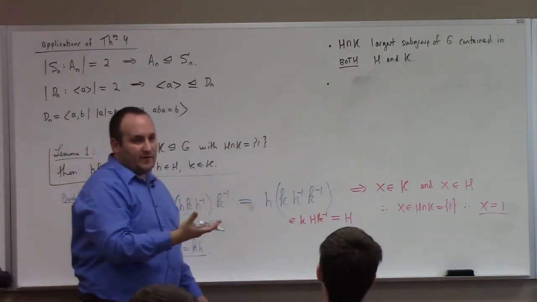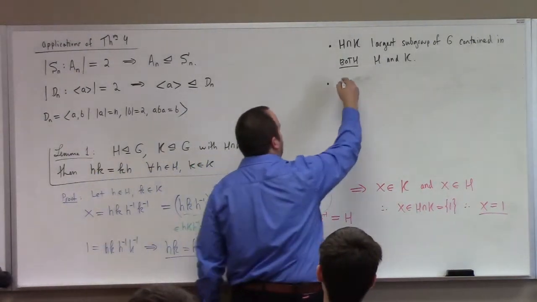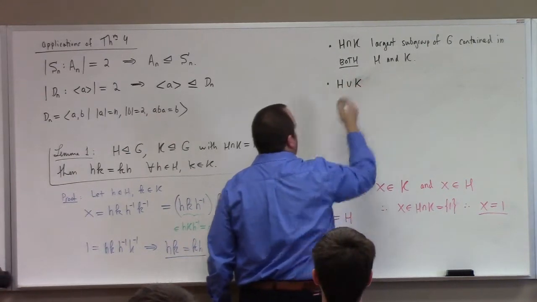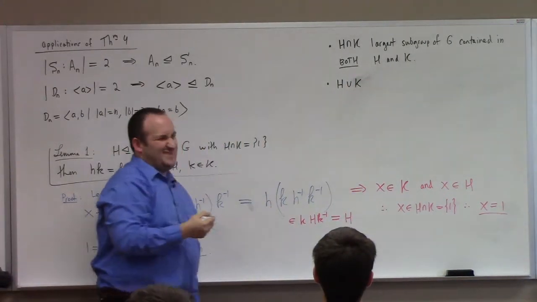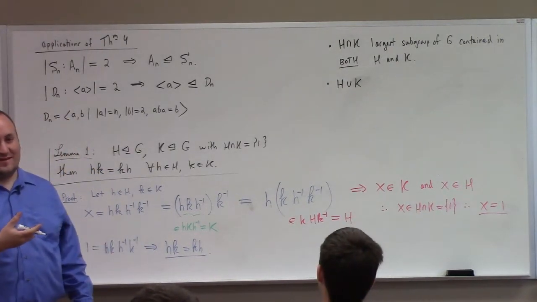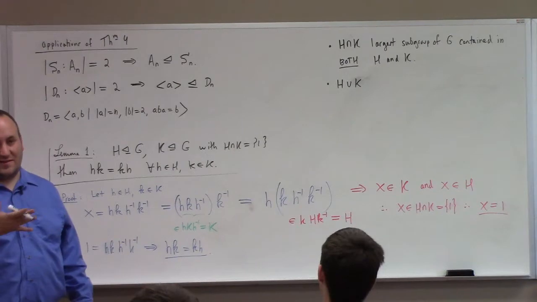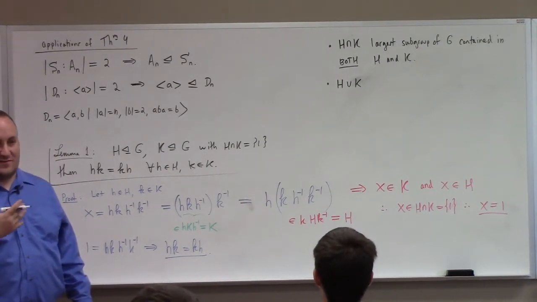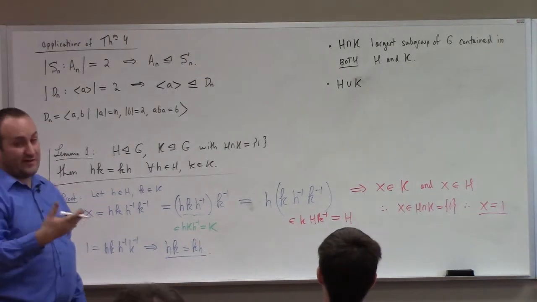You may recall earlier we also had a little discussion, maybe I didn't have it in here, but it certainly was in the book. If we look at the union of two subgroups, that's not usually a subgroup, right? The only way that can end up being a subgroup is the stupid case that one is a subset of the other. Then the union is just either H or K, so it's a subgroup.